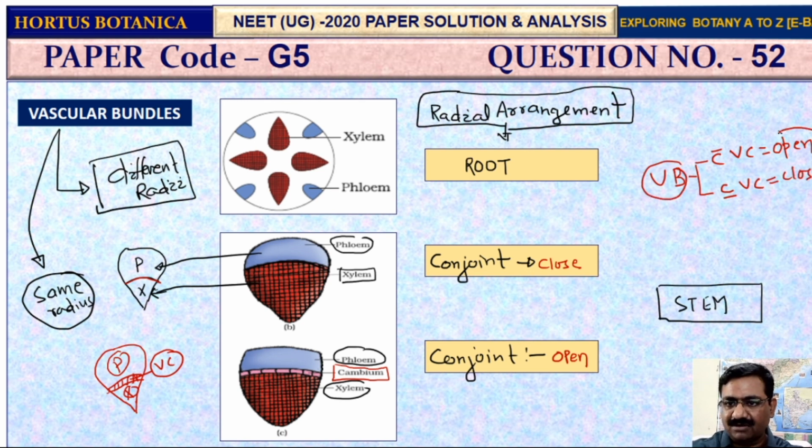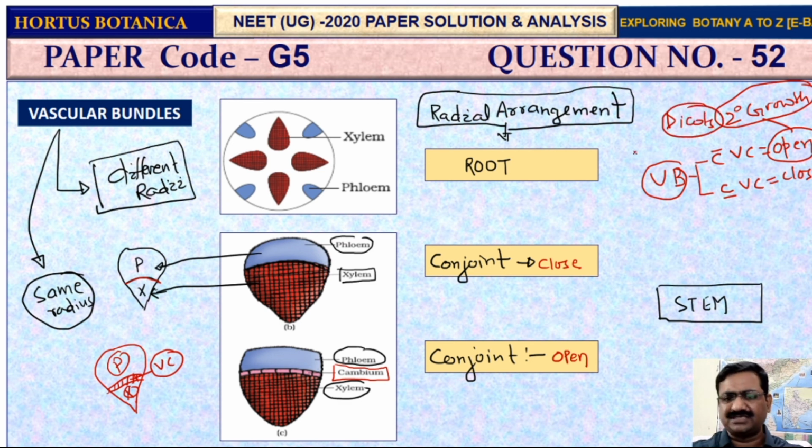And if it is open, it is also open for secondary growth, so it will cause secondary growth, and secondary growth is usually found in dicot plants, either root or stem. So this is a very common character, either open or closed.